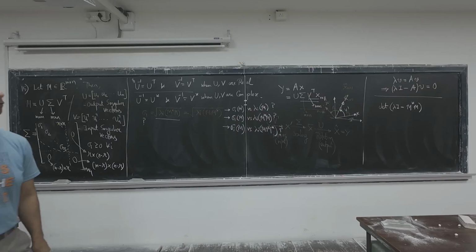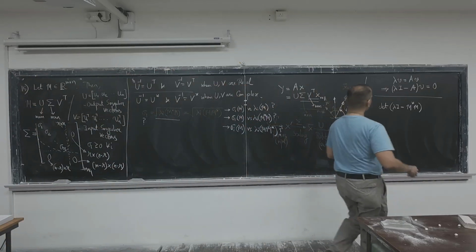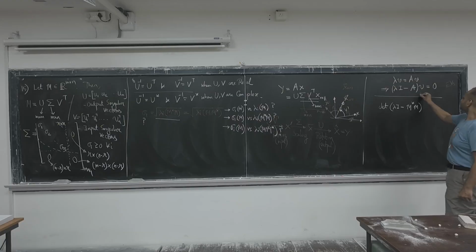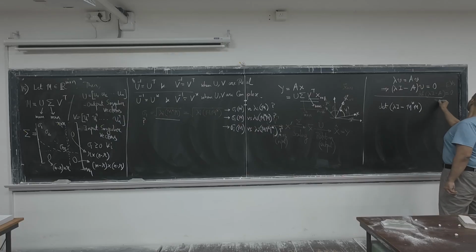So you see, this is the relation for finding the eigenvectors. And if somebody asks you to find the eigenvalues, what would you do? Simply write determinant of lambda I minus A equals 0. That will give you the eigenvalues.